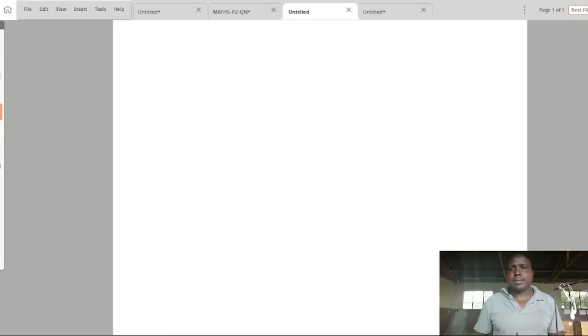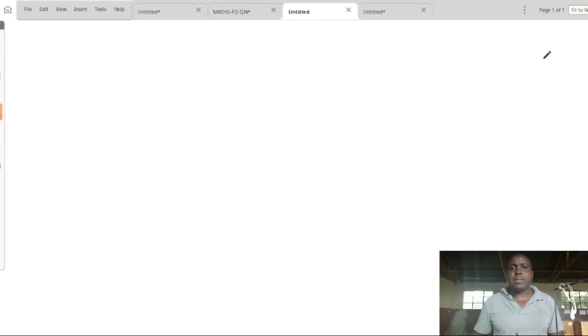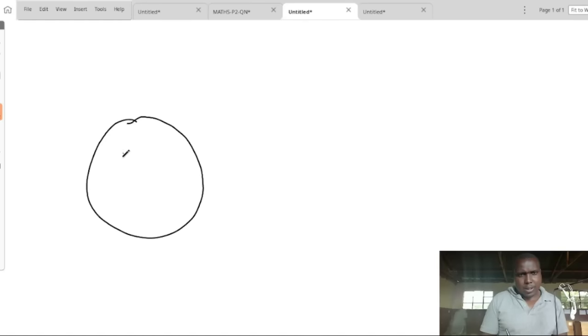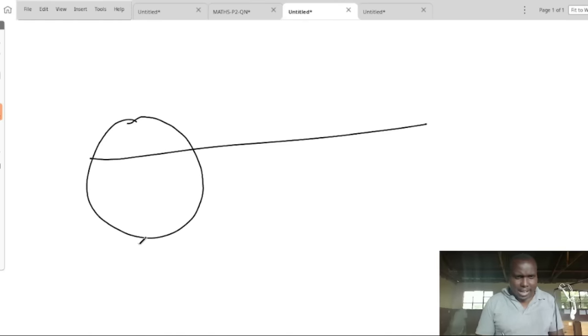Now the final one, I wanted you to know these 3 chords. The final one is where we have the tangent. Now there is a circle. There is one line coming in from outside, and then we have another one, the tangent of the circle, like this.